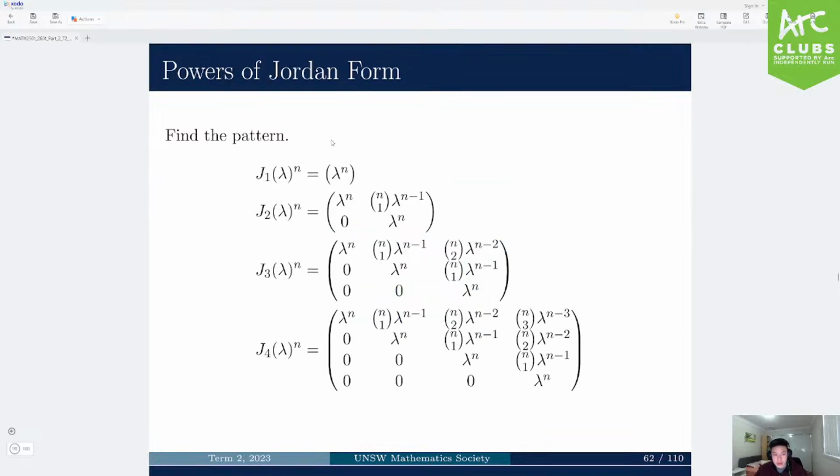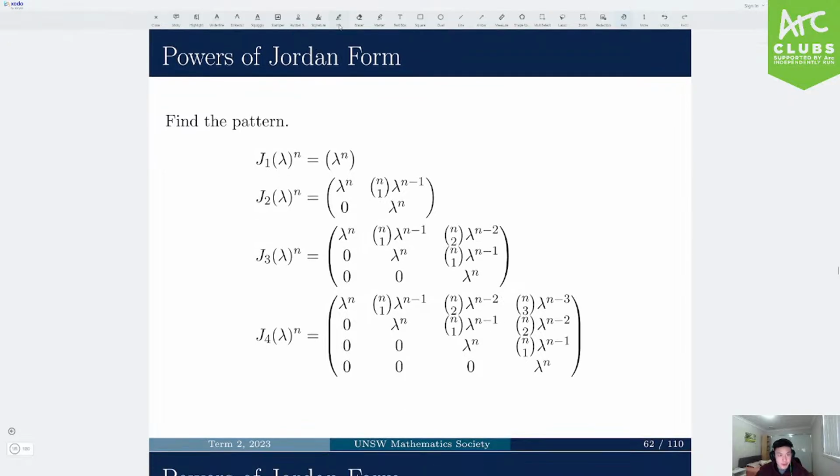Now, the good thing about Jordan blocks is that they are relatively easy to calculate the powers of. Notice that if we have J1 of lambda, so that's just the 1 by 1 matrix, J1 of lambda is just lambda. If we take J1 lambda to the power n, this is pretty intuitive, we just get lambda to the n as our single entry.